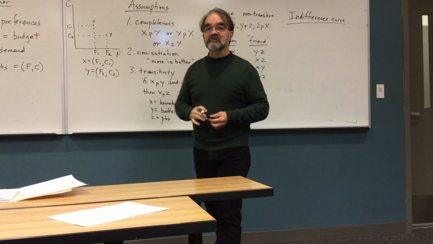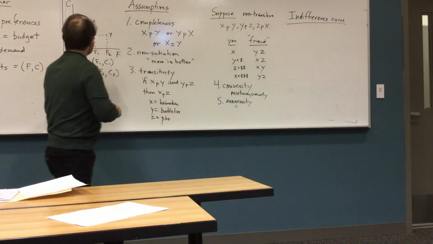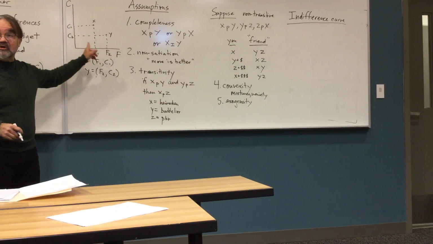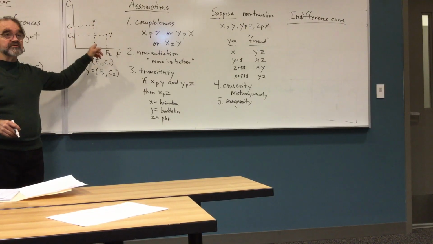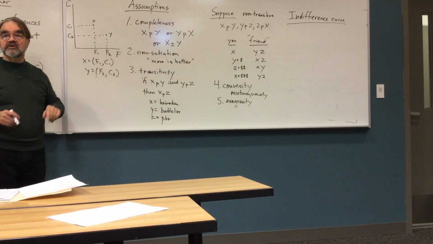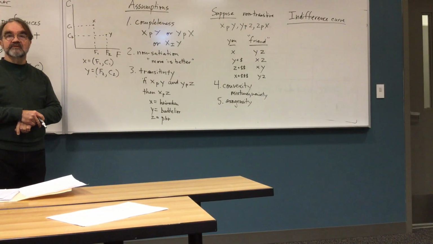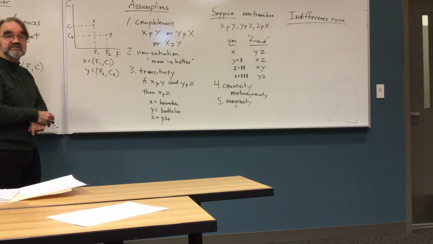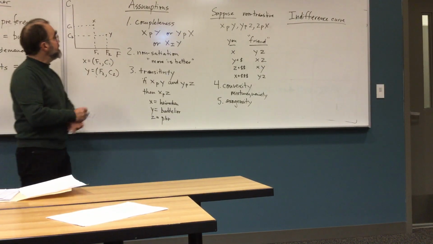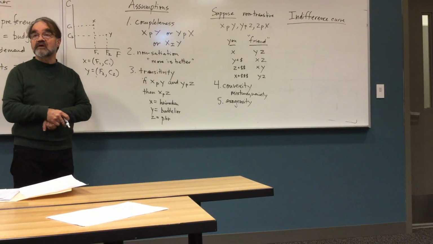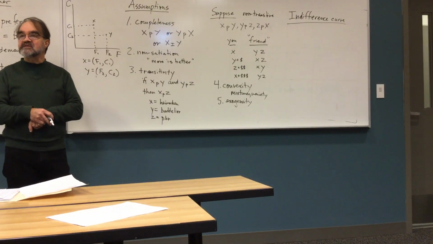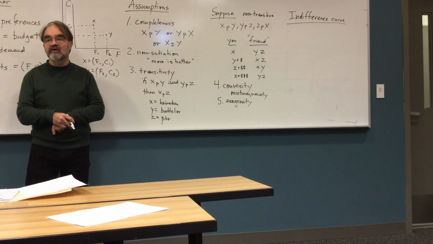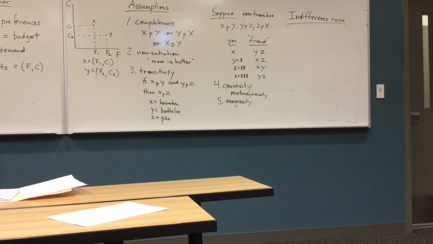An indifference curve is the set of baskets, so the set of points in this quadrant among which the consumer is indifferent. Okay, so there are going to be some points like that, and we can find them, we know, because of completeness. But let's think about what the shape of the indifference curve would be.